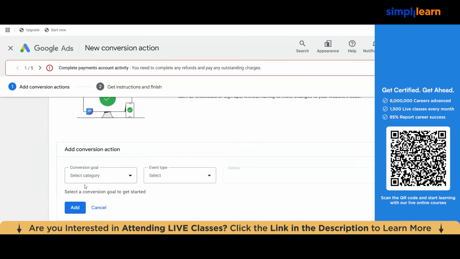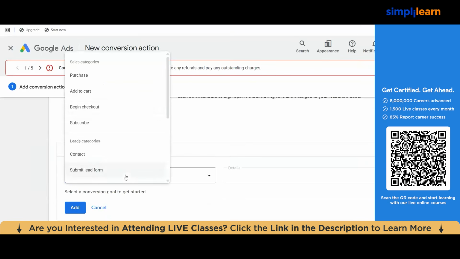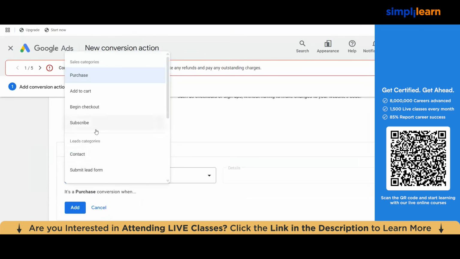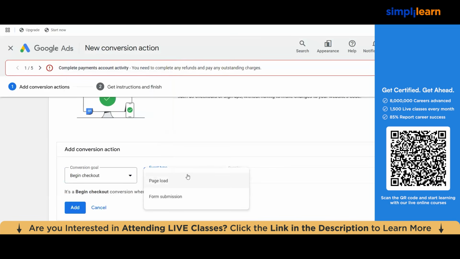So once we go over here, this is where you need to add the conversion action. Once you click on this, you'll find all this: add to cart, begin checkout, contact, or purchase. Whatsoever you want to track, you can track that. So let's say I want to track add to cart, or maybe the purchase part, like how many people have really bought after seeing my ad, or maybe begin checkout also, right?